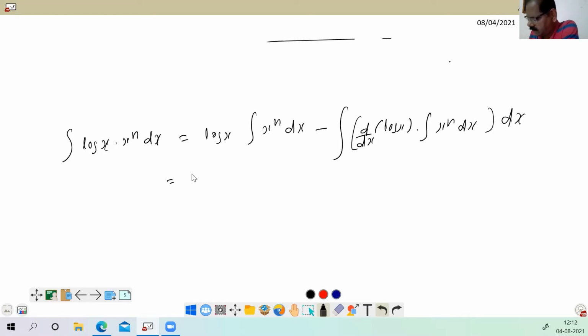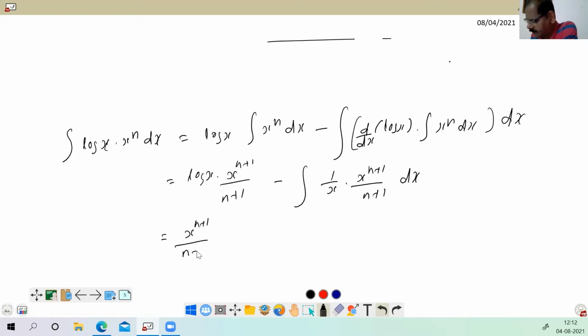So this is log x into integral of x raised to n, which is x raised to n plus 1 by n plus 1, minus derivative of log x is 1 by x into again integral of x raised to n, which is x raised to n plus 1 by n plus 1, dx. So this is x raised to n plus 1 by n plus 1 log x minus this x raised to n plus 1, and this x cancels with the x raised to n plus 1.